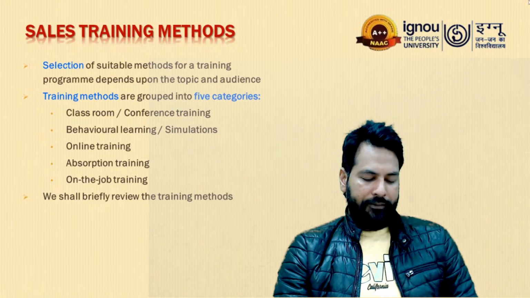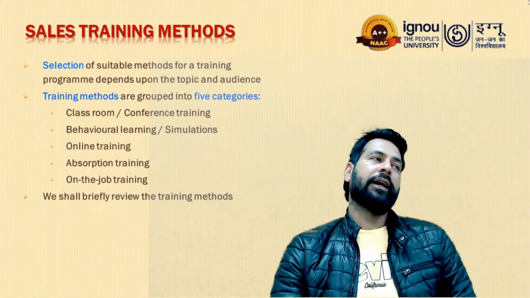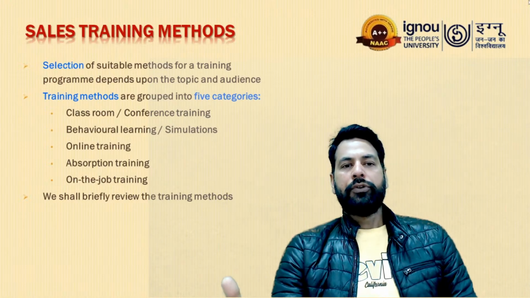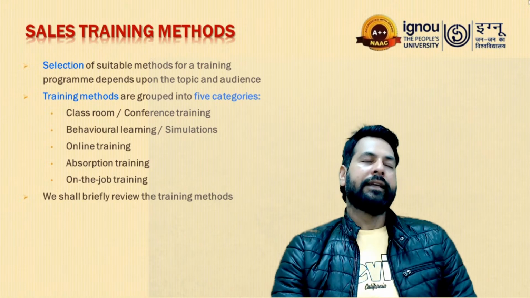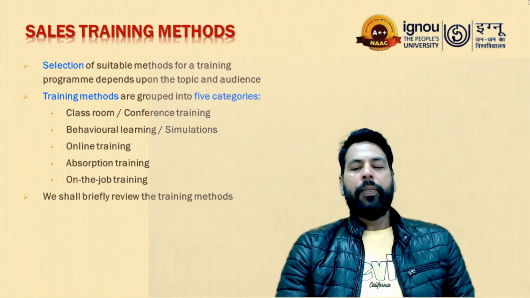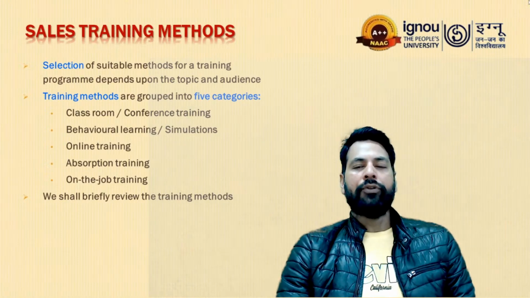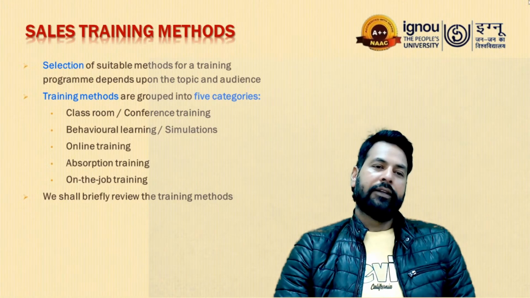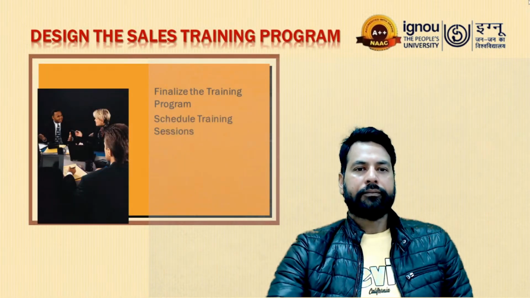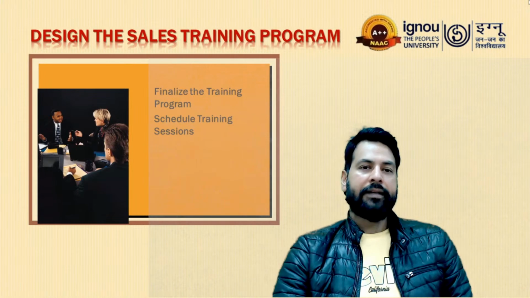On the job training, your boss will take you, your senior will take you, and then he is going to demonstrate how a sale call is or how you approach a client. So these are the 5 categories which we have already discussed.